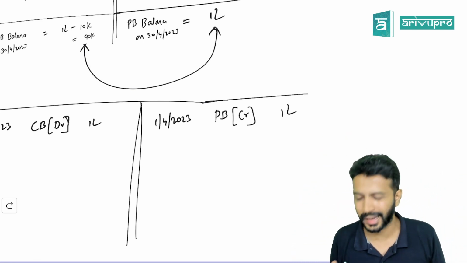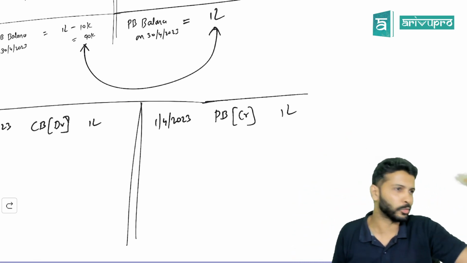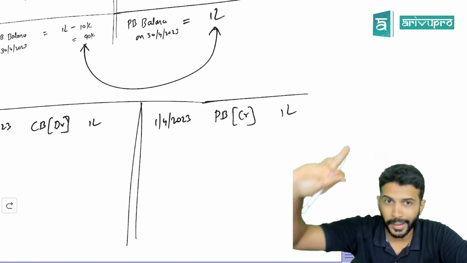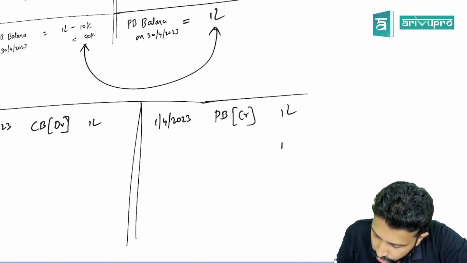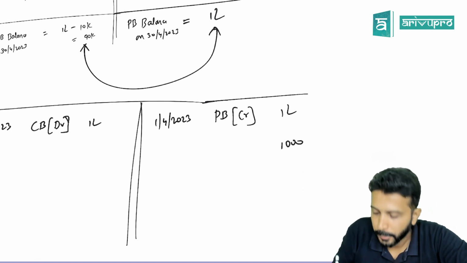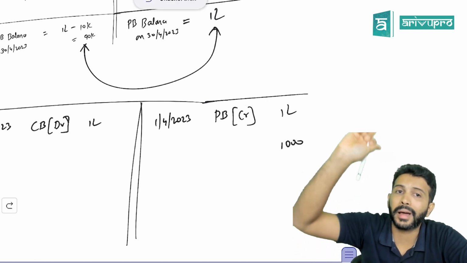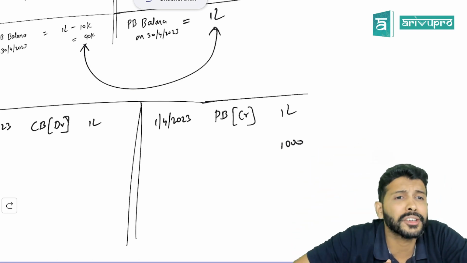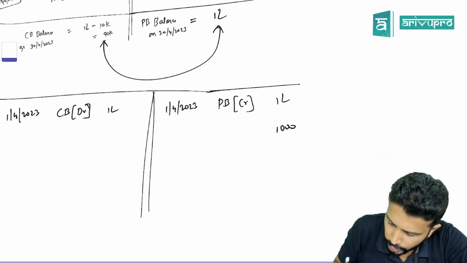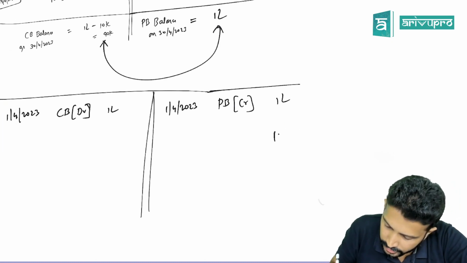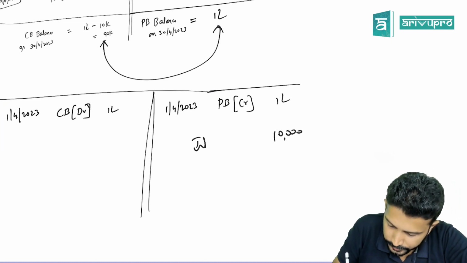Generally on a savings bank account, they give about 3 to 4% interest. Alright. So the bank will give you interest. Agreed? Fine. Because you have 1 lakh in the bank account, how much interest is the bank giving you? Let's say 1,000 rupees. Or maybe let's make it 10,000 for easier calculation. The interest is 10,000 rupees.